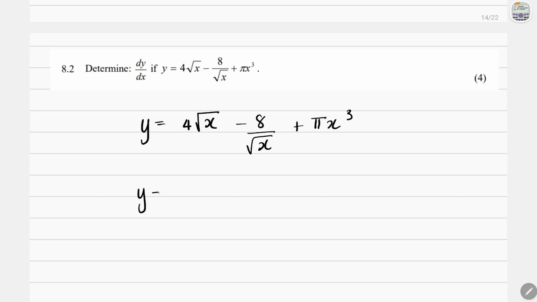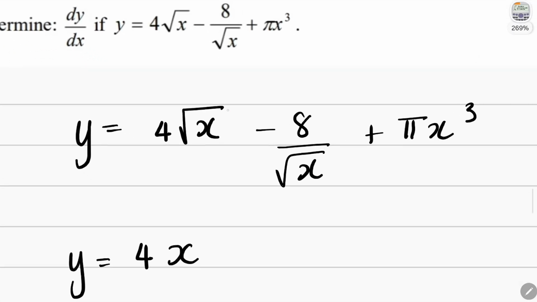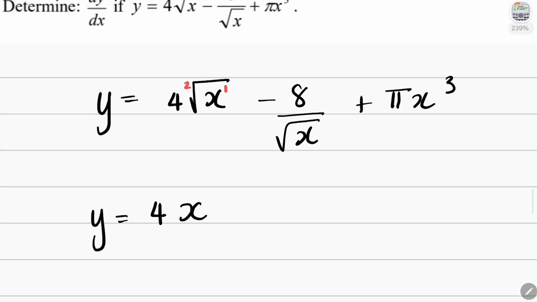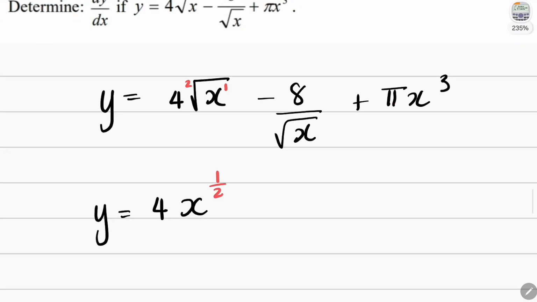So we can just say y is equal to 4, and with the x, we're going to rewrite this so that it has a base and a rational exponent. The base is x, and the exponent is going to be the inside exponent, which is an invisible 1 on top of the x, and the outside exponent, which is a 2, because we have this root. This is a square root. So it's going to be 1 over 2.